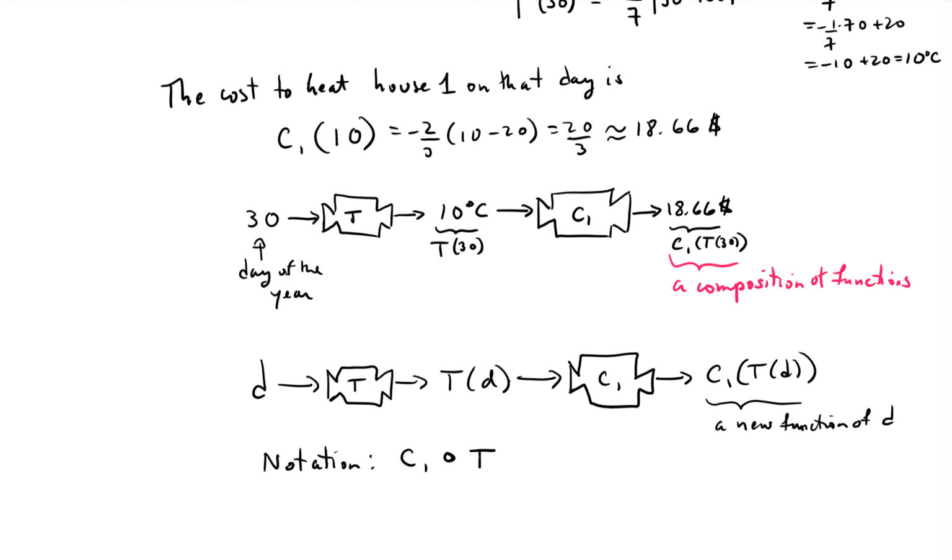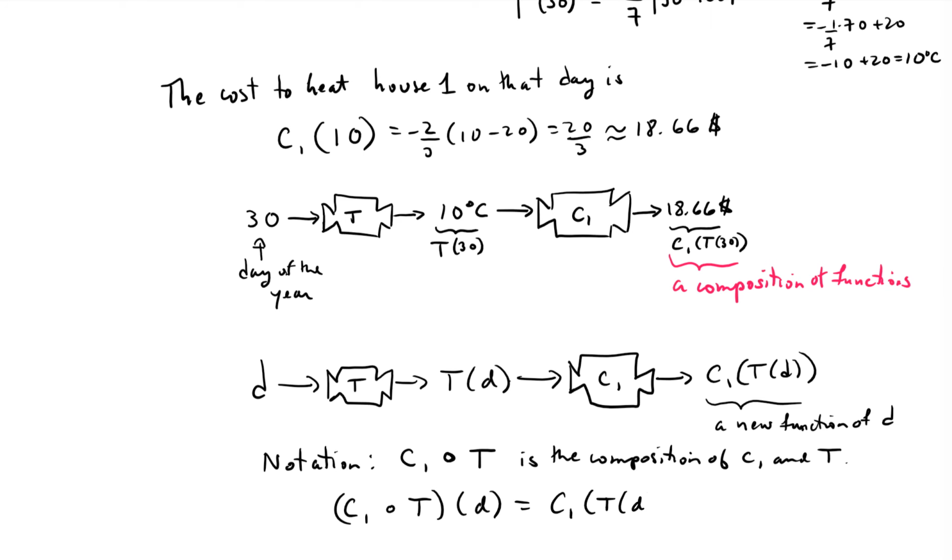So it is the composition of c1 and t. The idea is that c1 dot t of d is c1 of t of d.